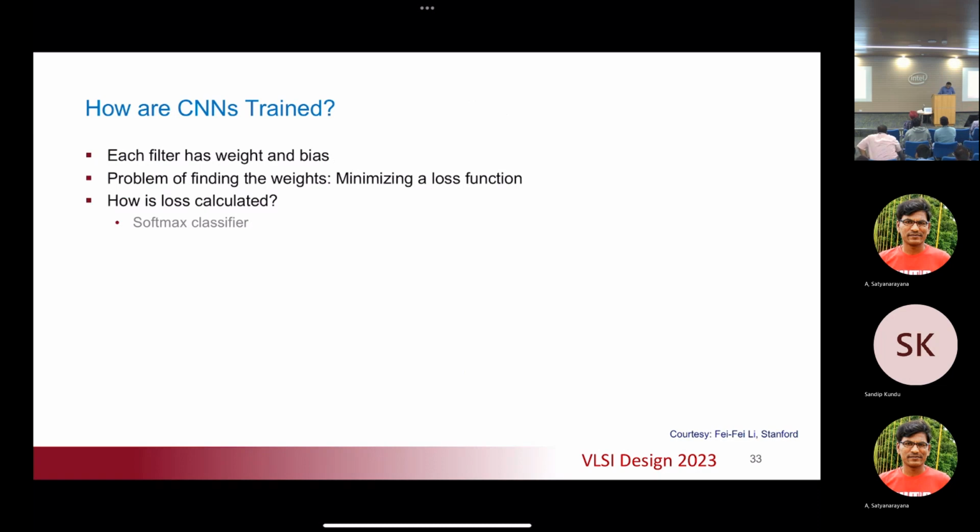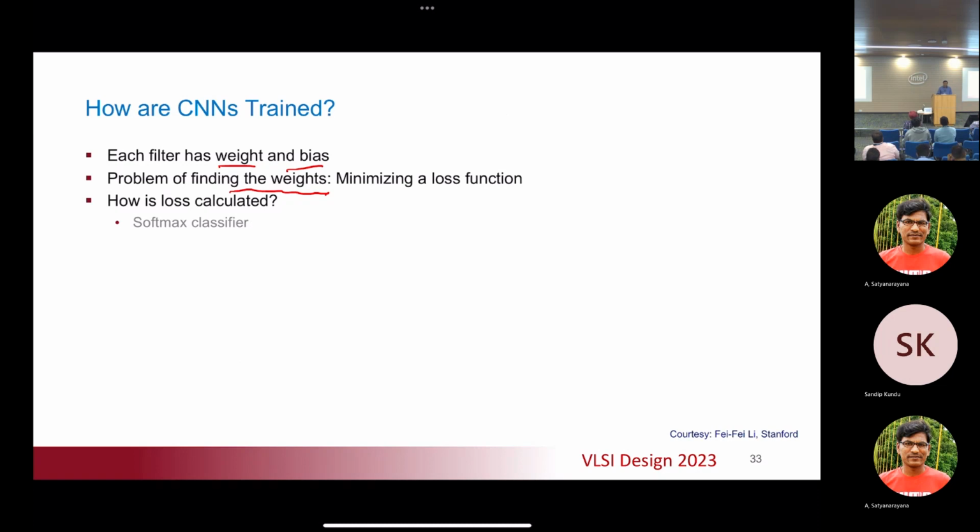Okay. So how are these convolutional neural networks trained? So each filter has a weight and bias. And the problem is that during the training process, you have to find the weights, and you have to find the filters. So that's what you have to find, like, what is contained in each one of those filters.